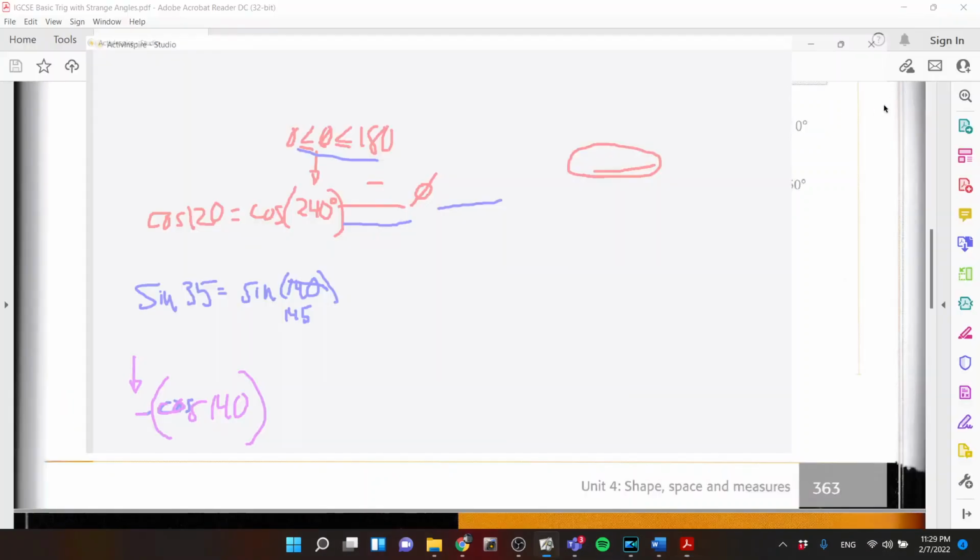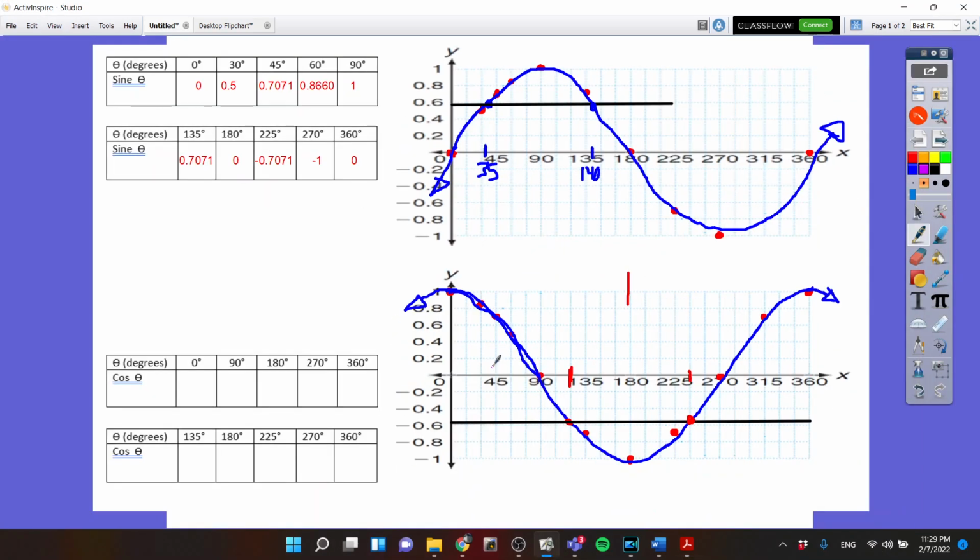So, let's go here. We've got cosine of 140 there, so cosine of 140 is down here. That's a little less than 0.8, or negative 0.8. So cosine of 140 is approximately equal to negative 0.8.